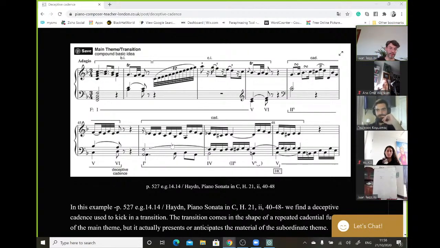It's in the third movement, so obviously the train has far more inertia there to be stopped than in the second or first movement. Particularly with third movements being repetitive in general, being rondo form or things like this, in which they tend to push forward constantly. So you need a counteracting force: a chain of deceptive cadences which reinforce the sense of we are going to end, we are going to end, we are going to end.